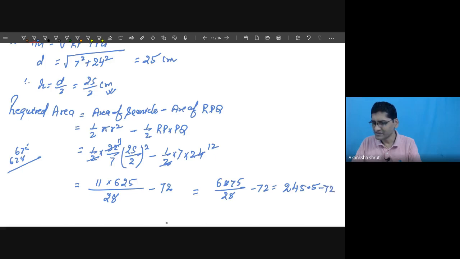Minus of 72. Yeah, do it. You will get around 173.5. This much is the difference. The unit is centimeters. Okay, so it's very easy. You have to do this thing. So final calculation always do at the time. Only once you have to spend the time.